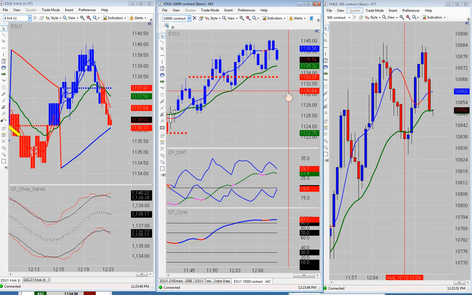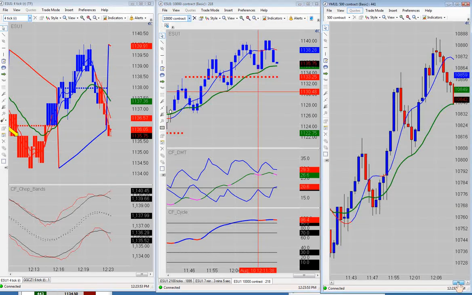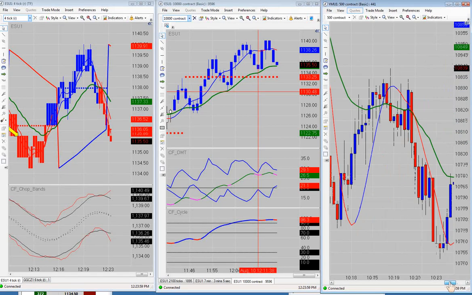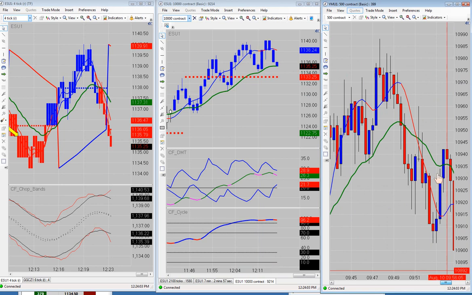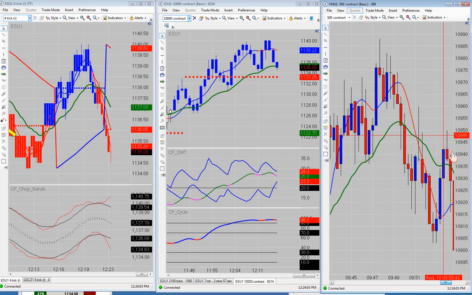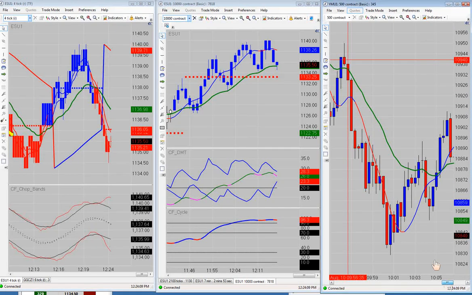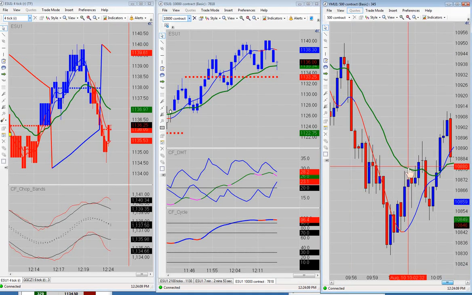Over here we have really not a lot going on. Now on the YM this morning, the trades that I took, I tried to take a short right in here. I didn't have enough risk on it, and it popped me out. I lost 7 ticks on that one. I took another one over here that quickly gave me 20 ticks profit.